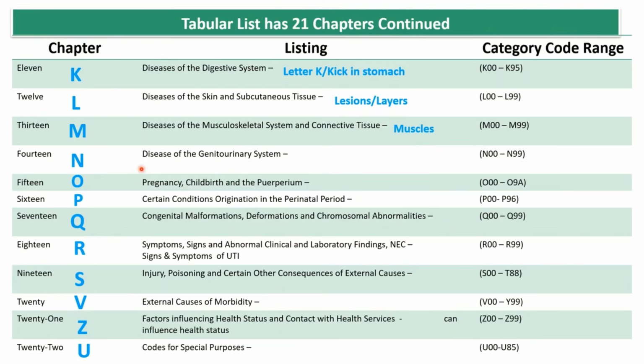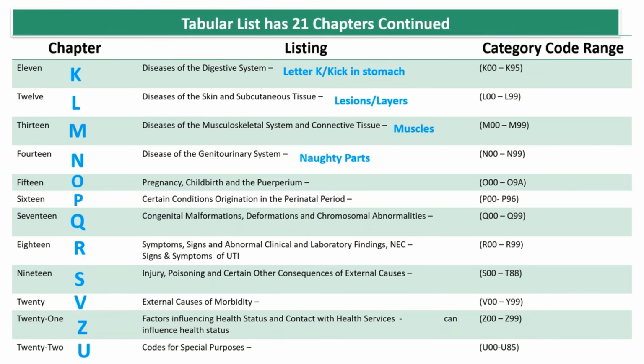Chapter 14 houses all of the diseases of the genitourinary system, and those diseases begin with the letter N. N00 through N99, and what reminds us of the N genitourinary system diseases? Well, those naughty parts, right?